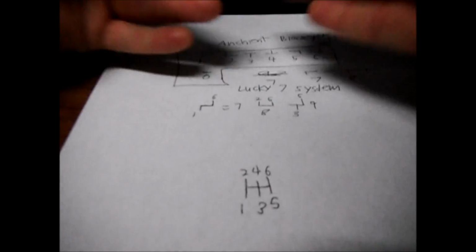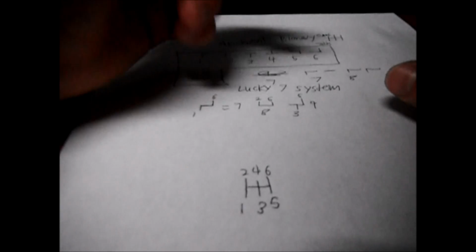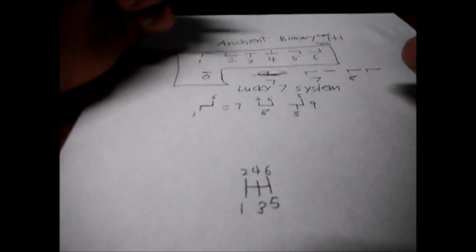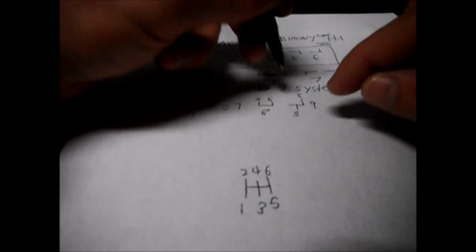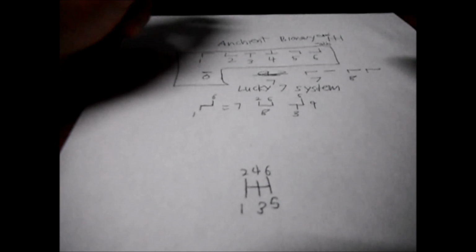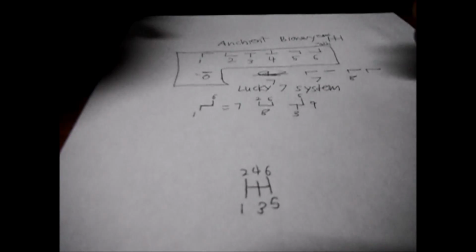So basically, they just kept going on like this. And so, for a while, there was a base 22 system, because if you add all these numbers together, it can equal 21, 20, and then if you have the 0, like this, it's 22.